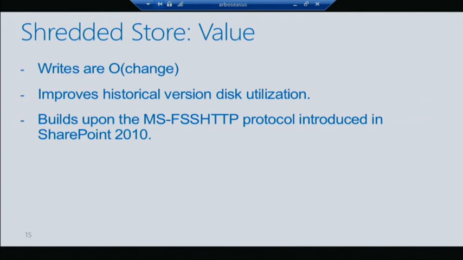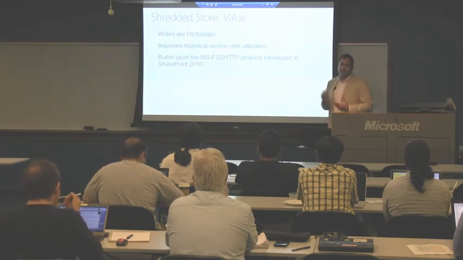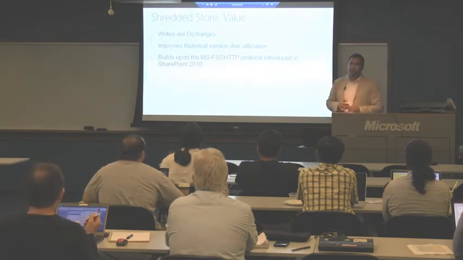The way it's enabled in 2013 right now is this kind of deduplication or delta storage only works for historical versions of the same file. This is not a generic deduping solution like other people may have that spans multiple different files or looks at the entire database. It's just for that specific document and just historical versions for that document.